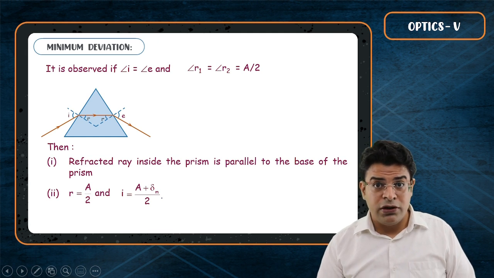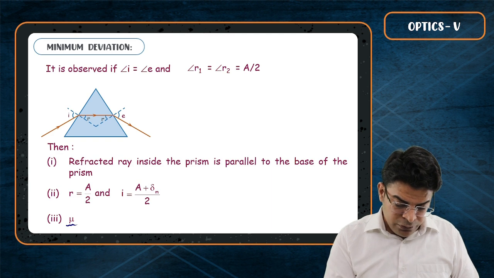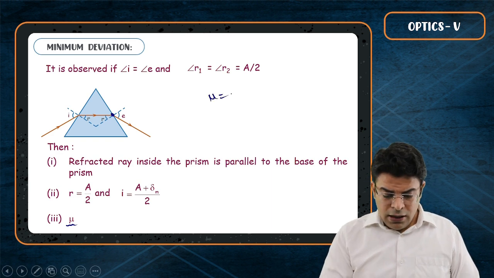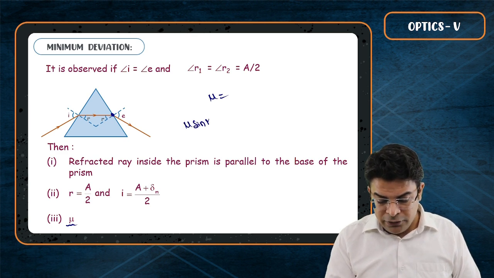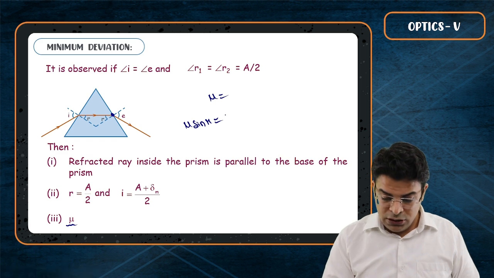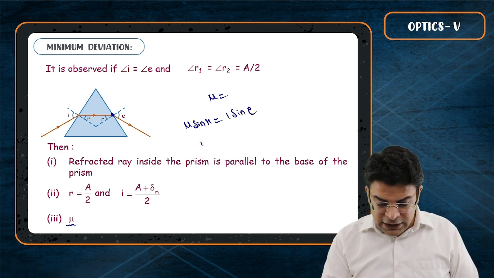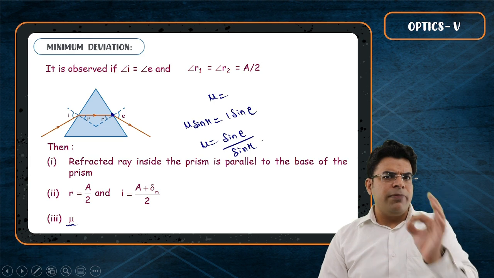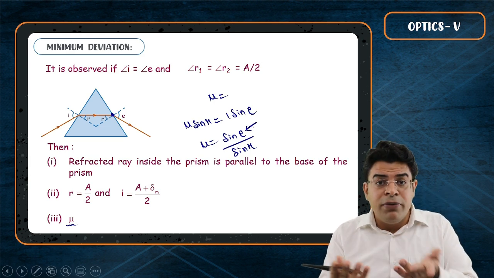We can say more things. Now using Snell's law, we can say that mu sine R equals 1 sine E. So mu equals sine E by sine R. For the case of minimum deviation, here you can either write E or I, because both of them are equal.